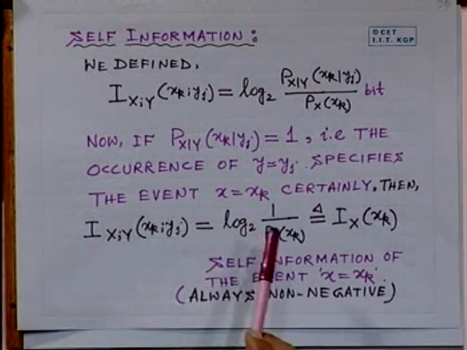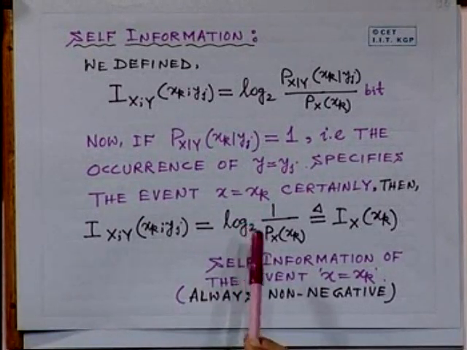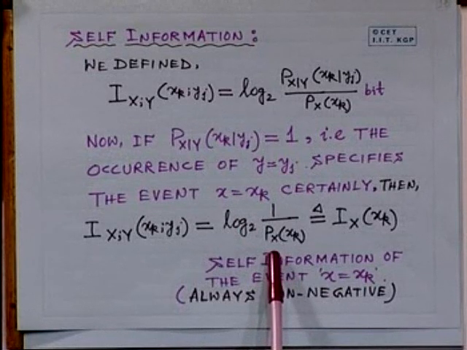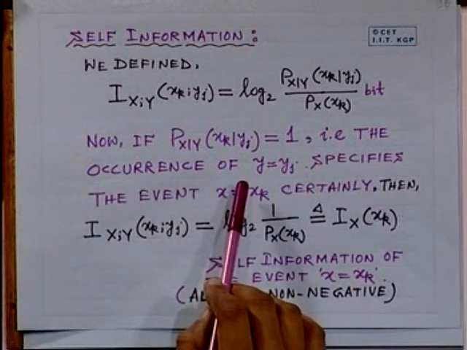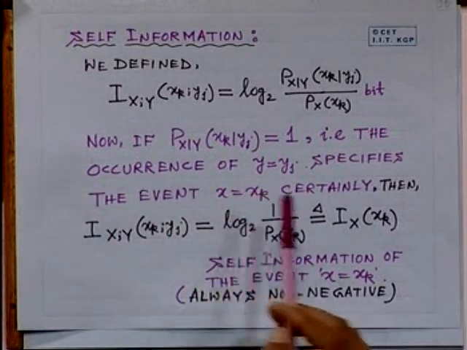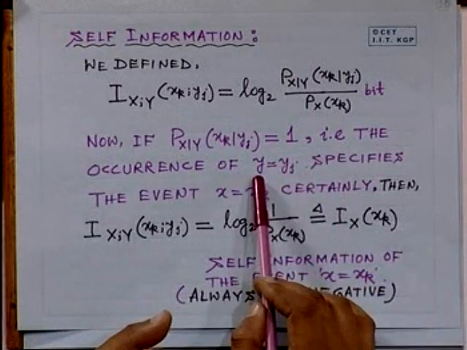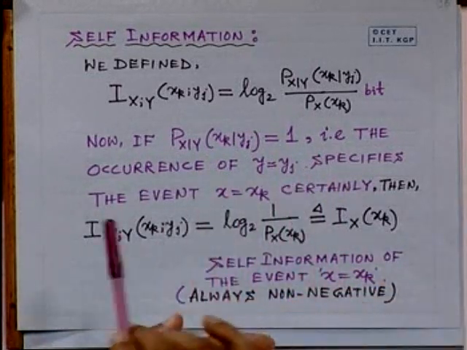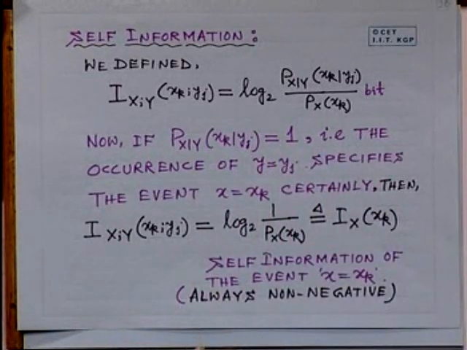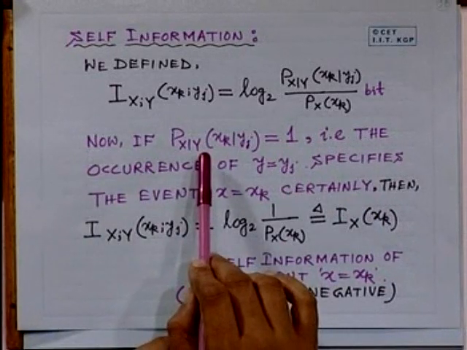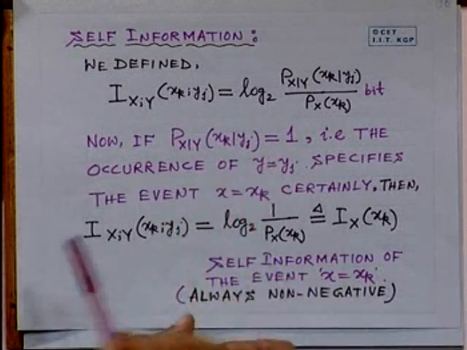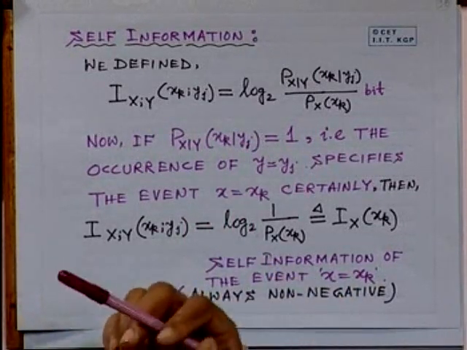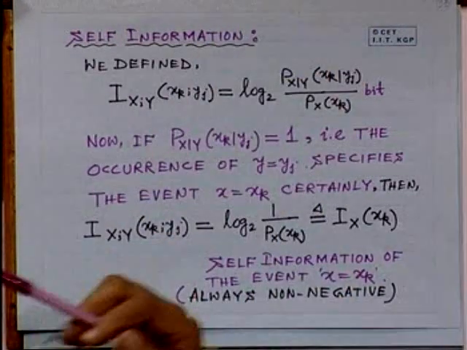And this kind of information can be defined over one ensemble x also, because in the context of a joint ensemble, the other ensemble always specifies, say, occurrence of y equal to y j implies that x equal to x k has occurred. That is the meaning of this conditional probability being 1. P of x k given y j is 1. That means if y j happens, I know that x k has happened.